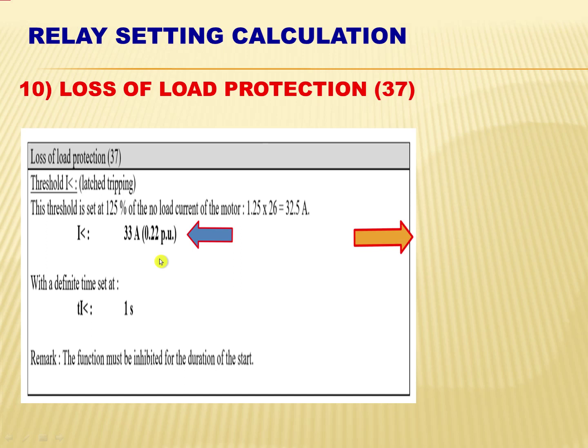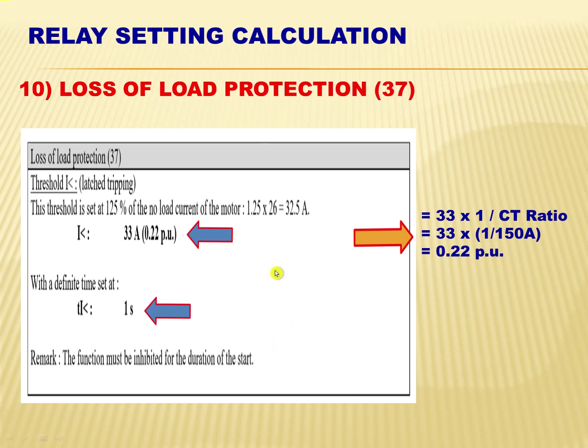We'll just multiply 33 ampere by the CT ratio to derive this 0.22 per unit setting. Our time setting will be a definite time set at 1 second. We just want to ensure that this protection must be inhibited for the duration of the start.